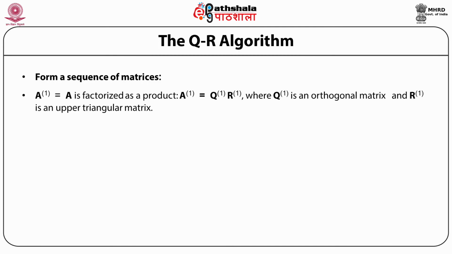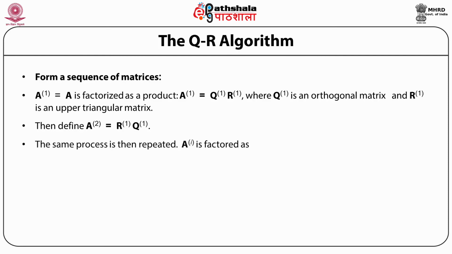Second, A^1 equals A is factorized as a product, that is A^1 equals Q^1 R^1, where Q^1 is an orthogonal matrix and R^1 is an upper triangular matrix. Third, define A^2 equals R^1 Q^1.